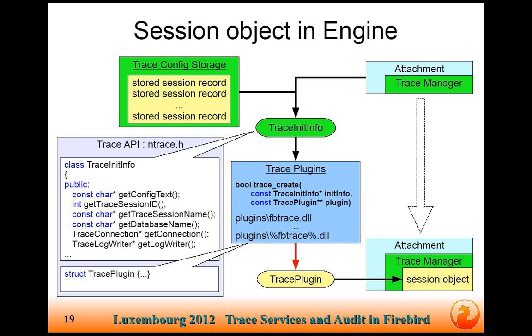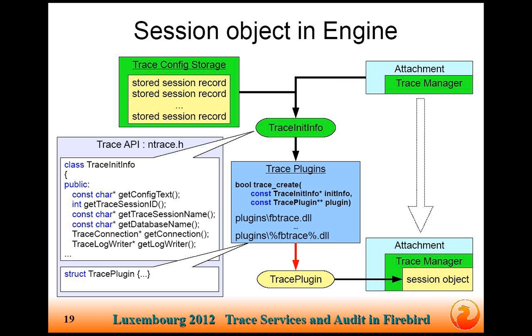The plugin can obtain the configuration text from this trace init info. It has the trace session name, it has the database name, for example, and the trace plugin will decide if it wants to trace in this environment. So, for example, the trace plugin looks at the configuration text, looks in the database section, compares the database name with the database pattern and decides if it wants to trace this particular attachment.